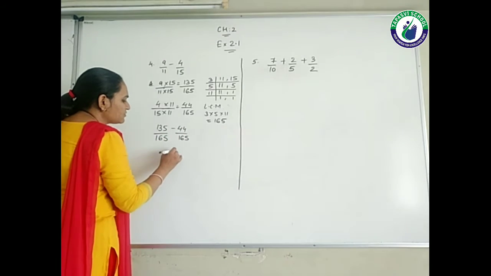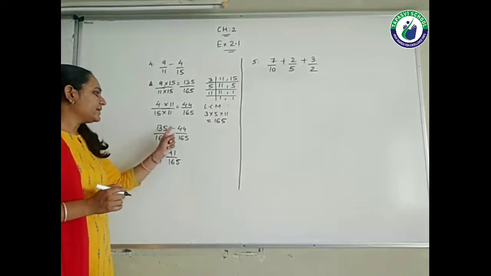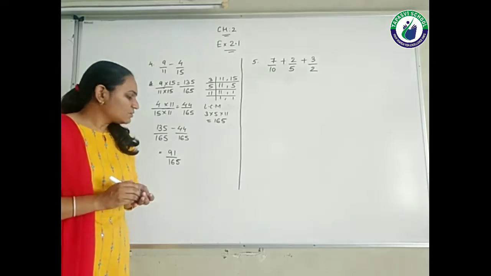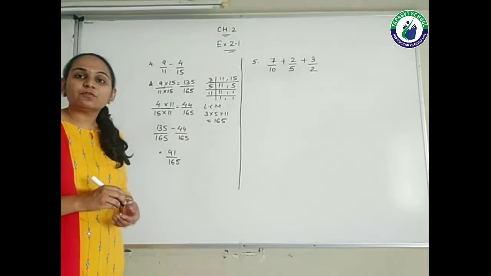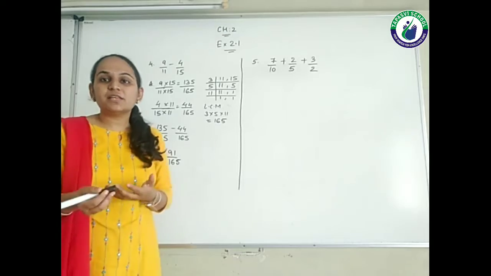If we subtract them, students, then I am getting 91 upon 165. 5 minus 4, that is 1, and 13 minus 4, that is 9. So here we end up with this particular answer, that is 91 upon 165. It is a proper fraction, so we will not convert it into a mixed fraction.